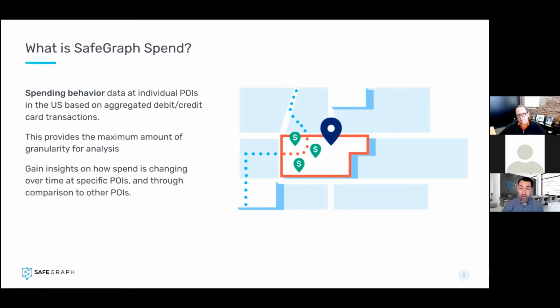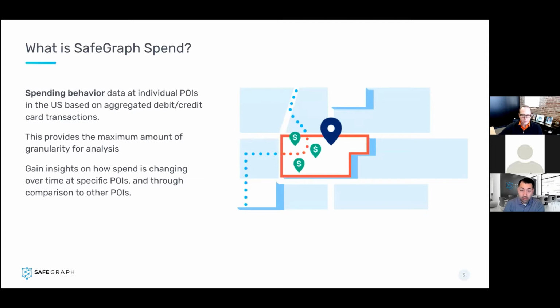What's really unique about SafeGraph Spend is that we're able to parse through those transactions and associate them with an individual place, given our expertise in places data. So we're not just providing analytics on an individual company or a zip code. We're looking at this specific store at 123 Main Street, Hometown, USA. So this allows for the maximum amount of granularity and thus flexibility in your analysis.